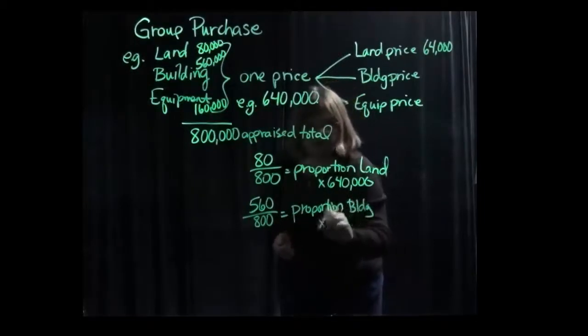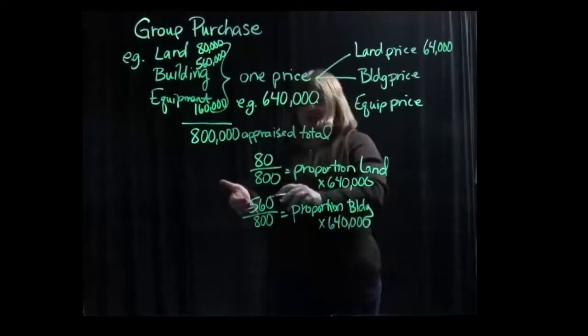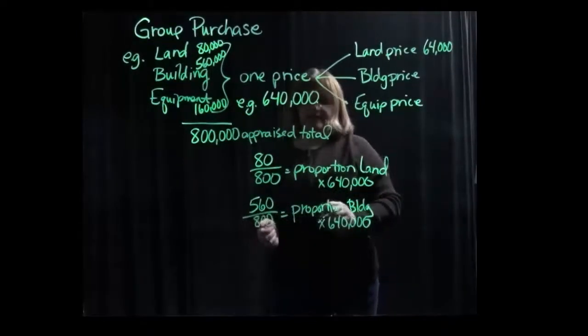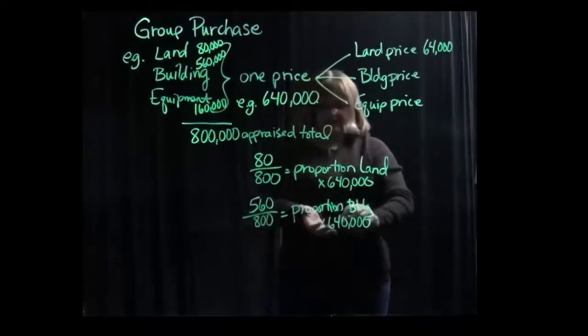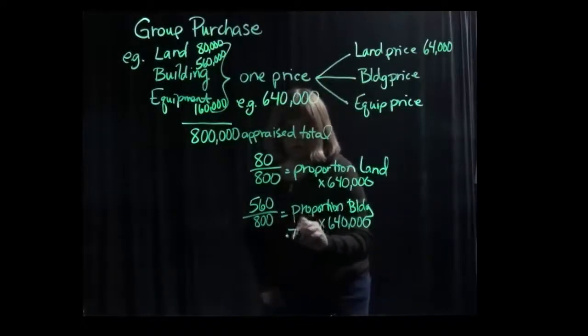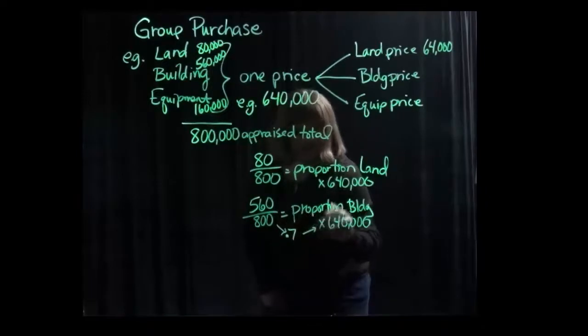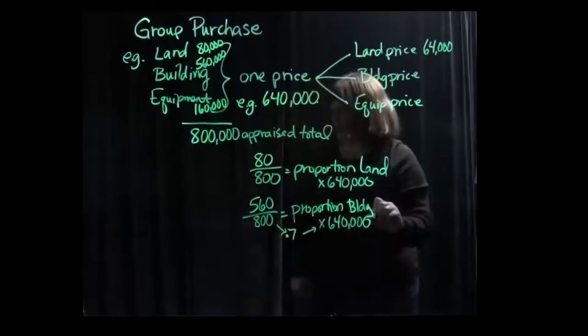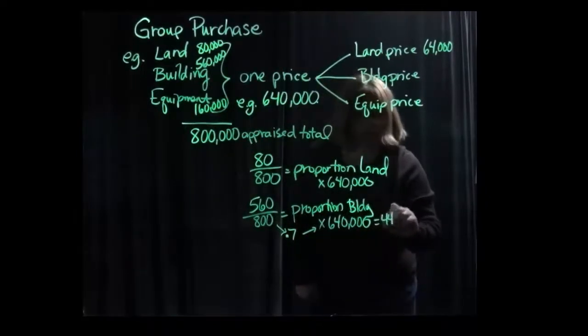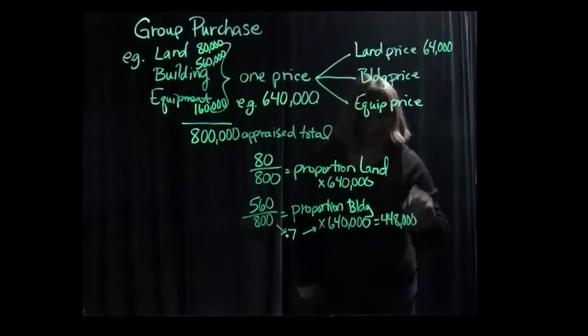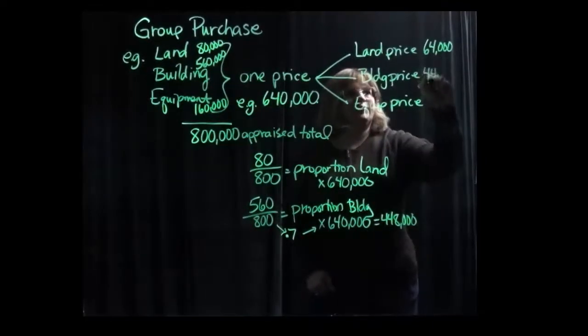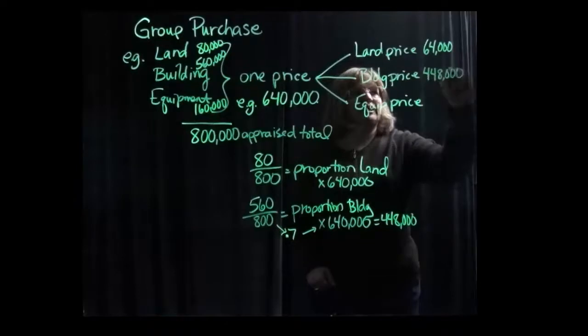And again, we multiply that by 640,000. 560 divided by 800 is 70%, and 70% times 640,000 is going to equal 448,000. And so that would be the price of the building.